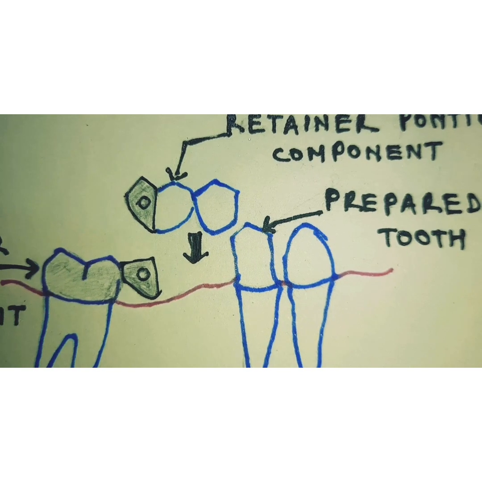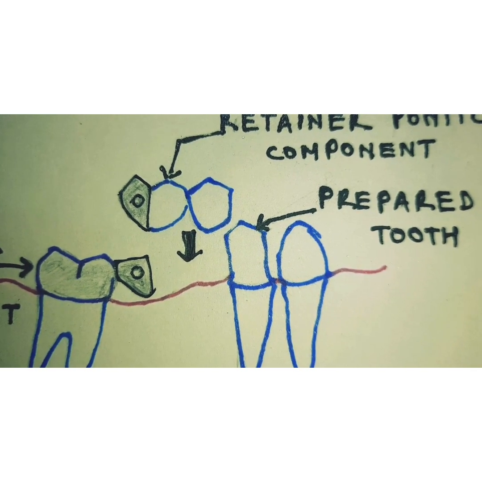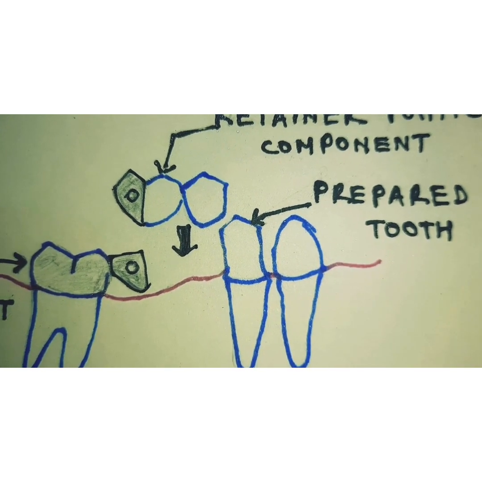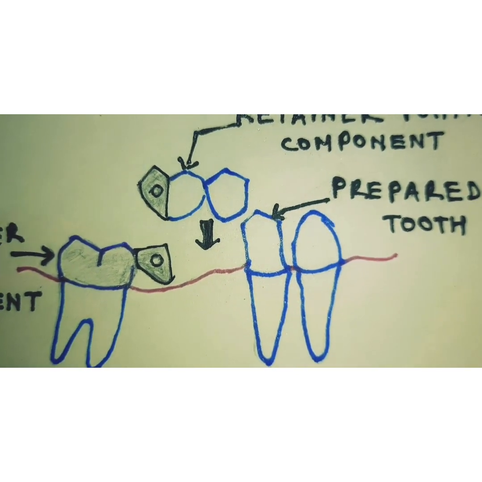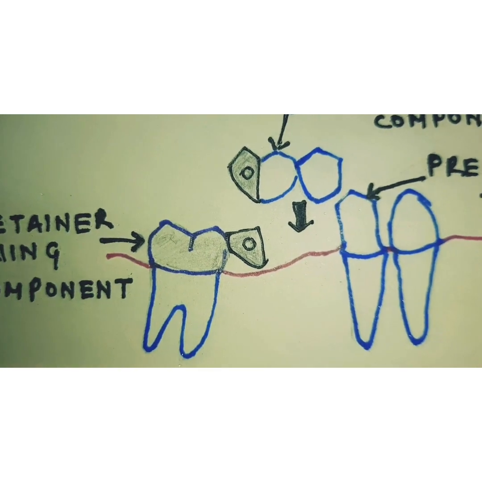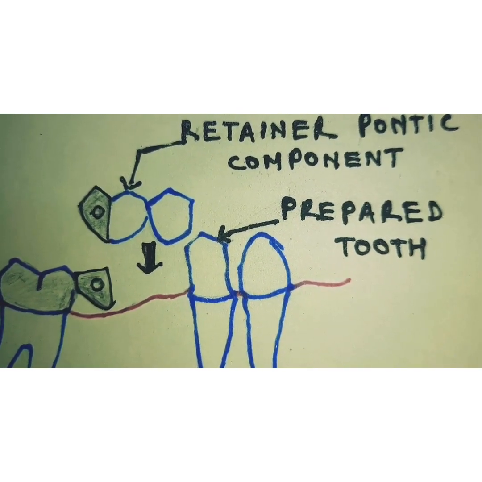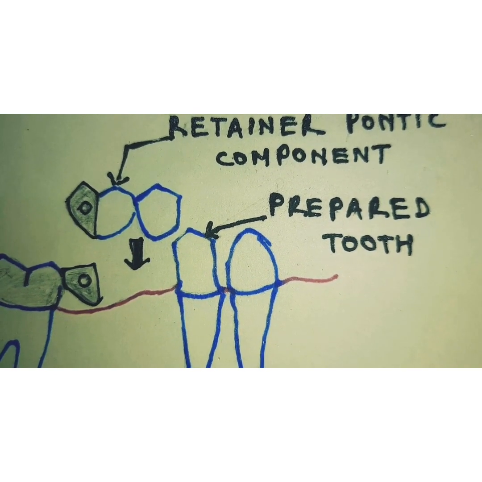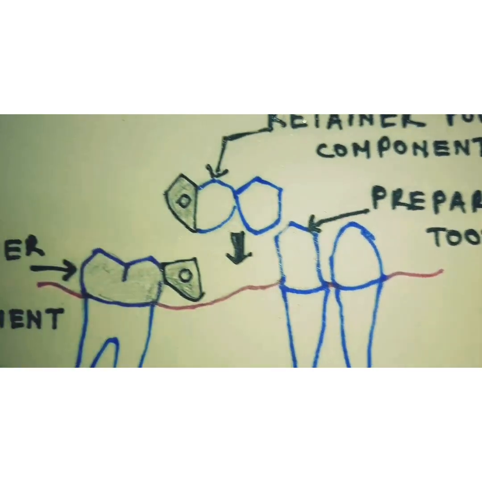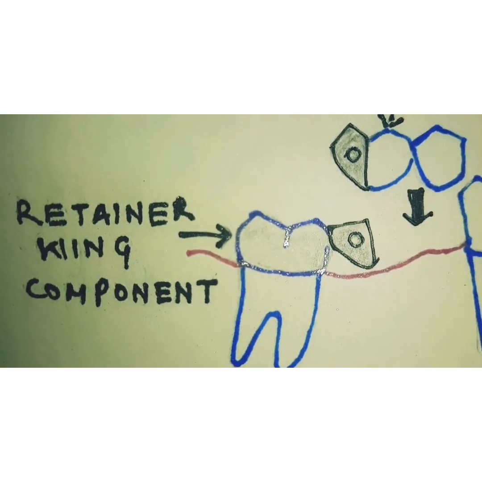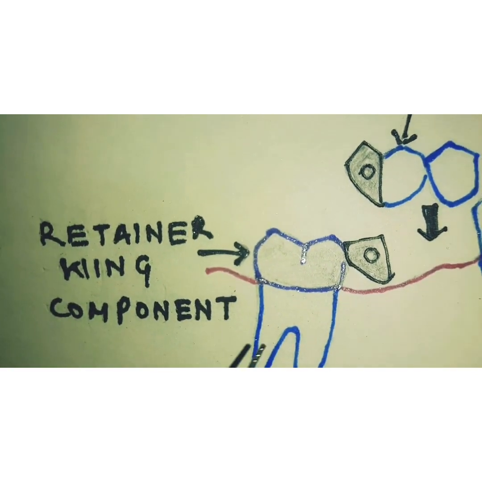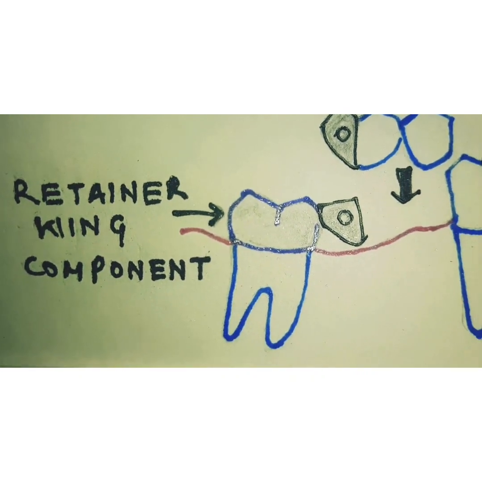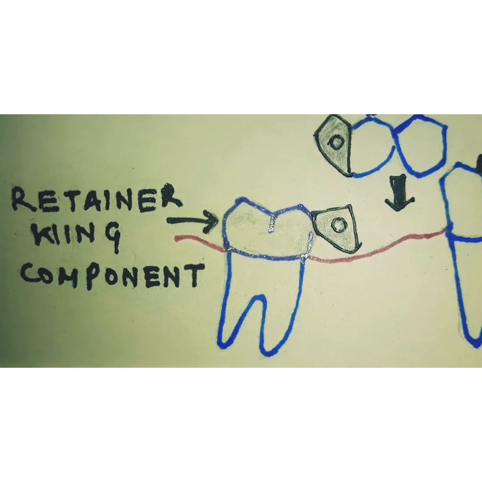As I said, the pontic is attached to the mesial retainer, and it is designed in such a manner that it fits the wing in the retainer wing component, that is on the distal abutment. The pontic along with the mesial retainer is called the retainer pontic component, and the retainer wing component is the retainer with the mesial part, attached to the distal abutment.